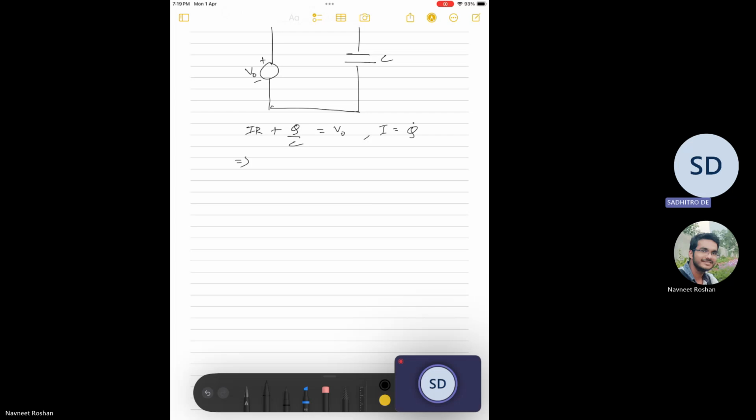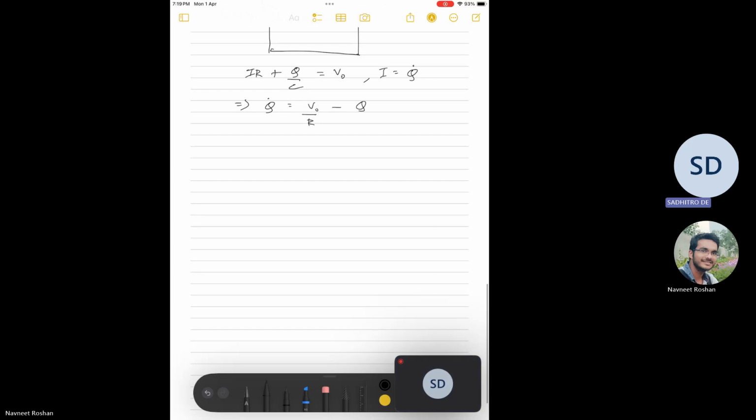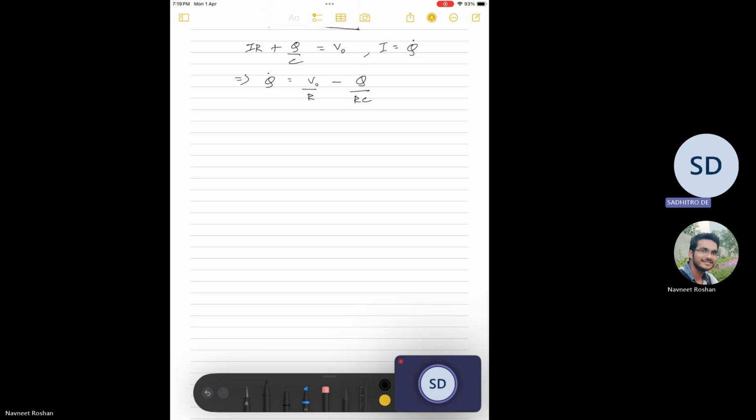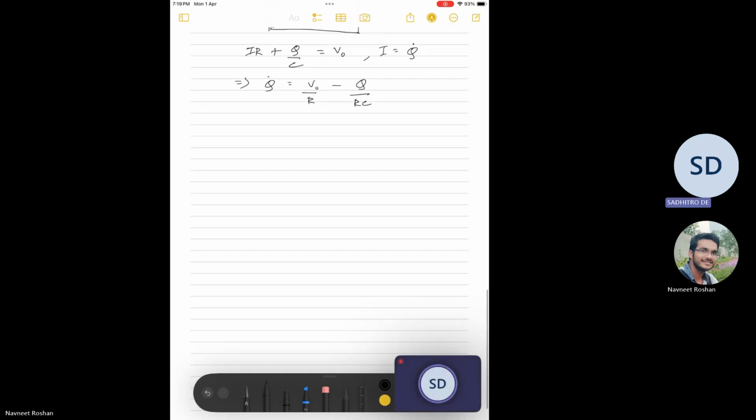This implies that Q dot is equal to V0 by R minus Q by RC. All right. So then this is the equation of my dynamical system. This part is f of Q.